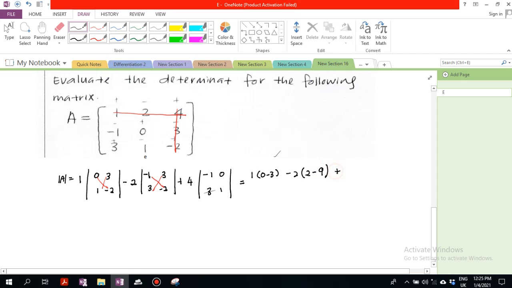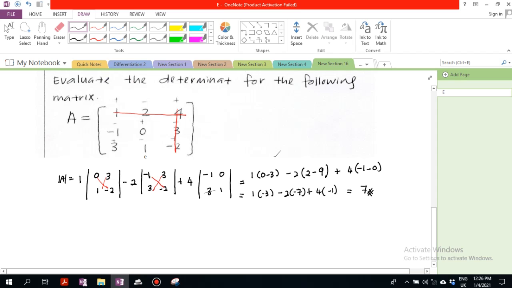Then plus 4, you do the same: negative 1 times negative 1 is 1, minus 0 times 3 is 0. So you will get 1 times negative 3, minus 2 times negative 7, plus 4 times 1. At the end you will get 7.